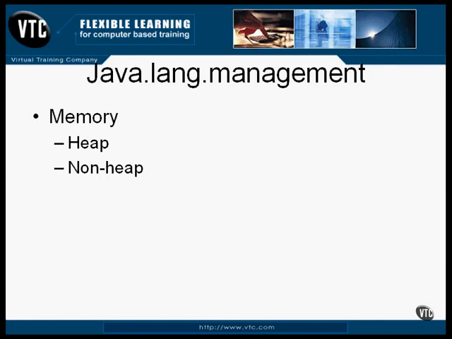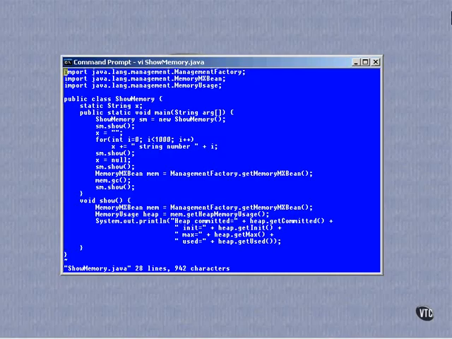A Java virtual machine can have more than one memory manager working with the same area at the same time. The garbage collector is just one type of memory manager. It's possible for memory managers to appear and disappear while programs are running. This class demonstrates the collection of memory information and the results of invoking the garbage collector.